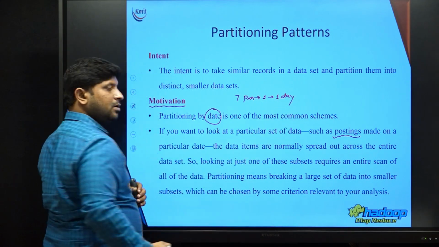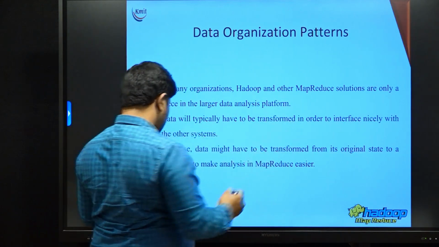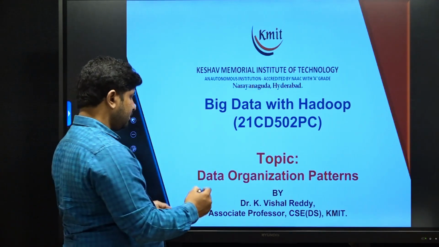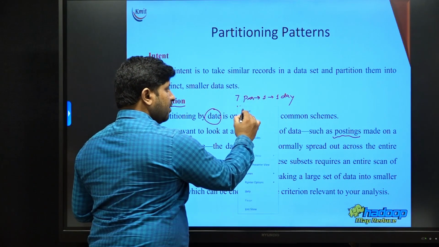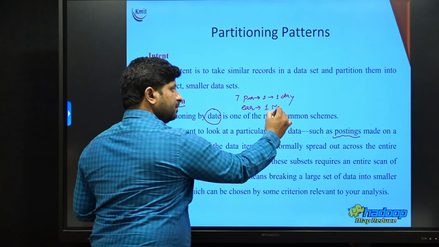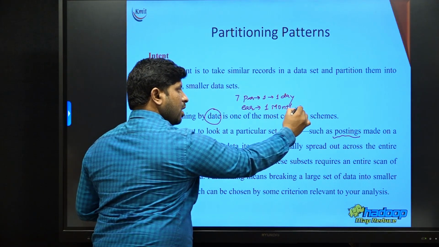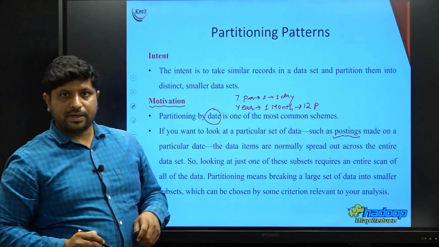This is also possible. Or in a year, per particular month, we get 12 partitions. If you go with year-wise partitioning, per month, then we have 12 partitions, one partition for each month.